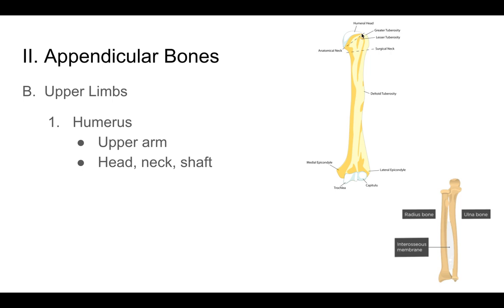So indicate on your diagram an anatomical neck right up here by the head, and then come down a little bit as it begins to narrow and indicate a surgical neck. Now, I always remember that because they are kind of in alphabetical order as they descend. A comes before S. So anatomical neck sits above surgical neck.